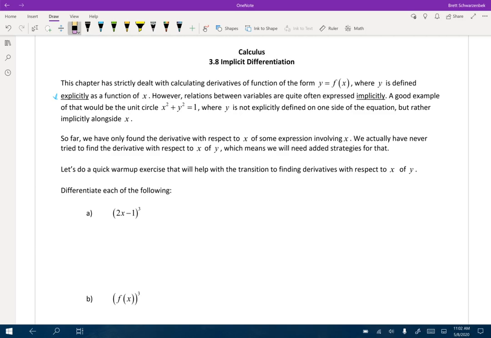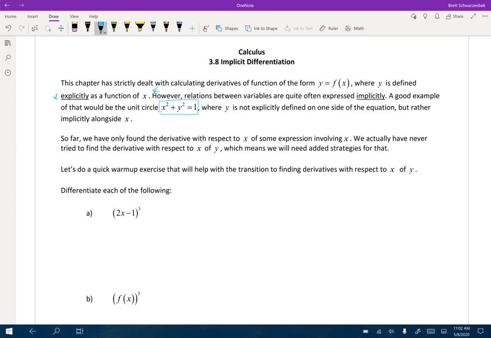It says, however, right here, relations between variables are quite often expressed implicitly. A good example of that is the unit circle, x squared plus y squared is equal to 1, where y is not explicitly defined on one side of the equation, but rather implicitly alongside x.